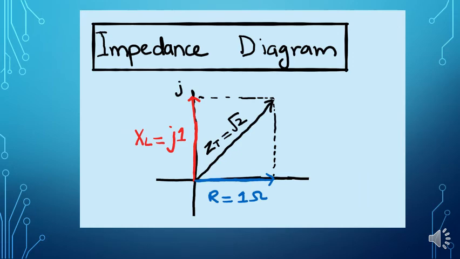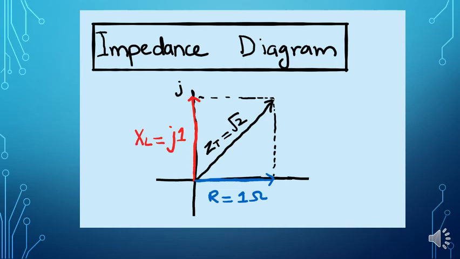Now, as we have studied in our previous slides also, we have to draw the impedance diagram. What is the impedance diagram? It is the diagram of the total impedance of our AC circuit. So our circuit has R, that is 1 ohm. It is on the positive side. Why? Because it has an angle of 0 degrees.